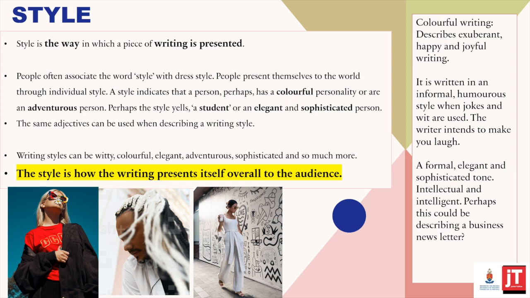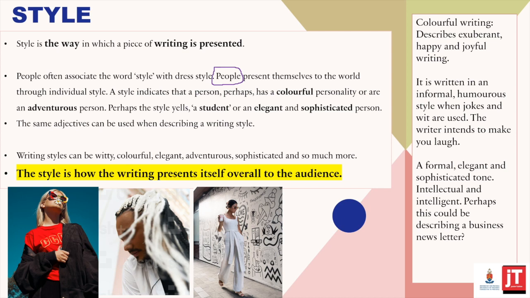Because of that, that is how you are overall presented to the world, and that is the same with style. Let's carry on reading, shall we? People present themselves to the world through individual style. A style indicates that a person perhaps has a colorful personality, or they are an adventurous person.